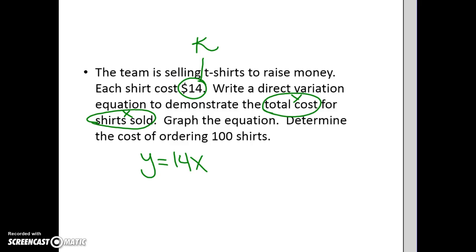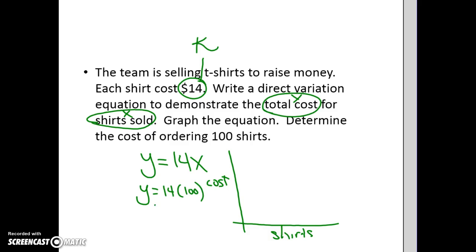But you can do just like we did the other one with shirts and cost, and substitute numbers in place of x to figure out how much they would cost. If I had 100 shirts, I have y equals 14 times 100. y equals $1,400 for the cost of ordering 100 shirts.